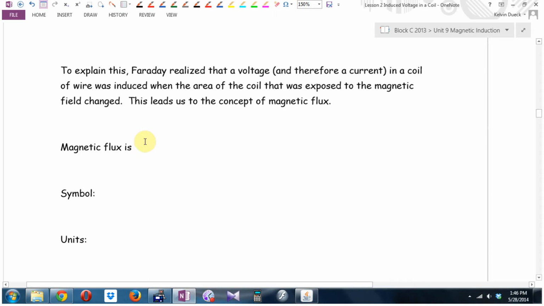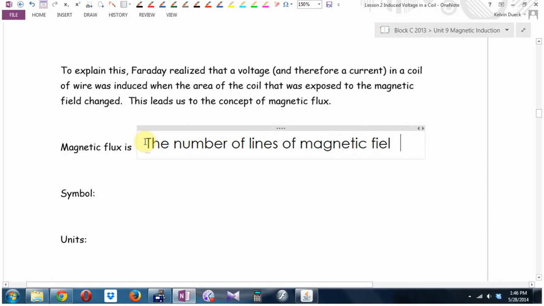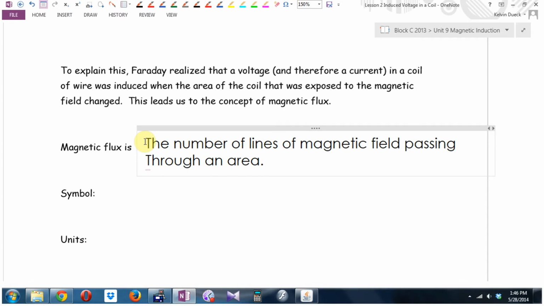Magnetic flux is the number of lines of magnetic field passing through an area.